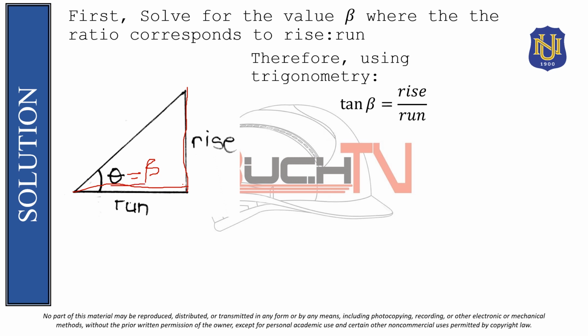The opposite of beta is the rise, then the adjacent is the run. Therefore, creating an equation, tangent of beta is equal to rise divided by the run. From the given, the rise is equal to 2 and the run is equal to 13. So that will be tangent of beta is equal to 2 over 13.